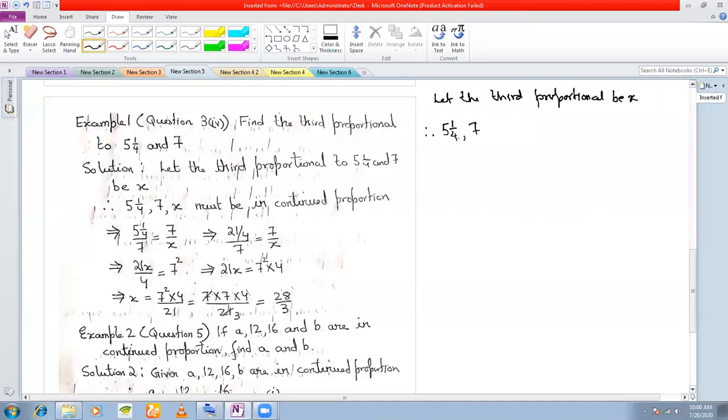Therefore, 5 1/4, 7 and x must be in proportion, right? Because I've assumed x to be the third proportional, so x must be the last number. Therefore, from definition, 5 1/4 by 7 must be equal to 7 by x, because 7 is the mean proportional between 5 1/4 and x. Now you solve this equation to get x is equal to 28 by 3.